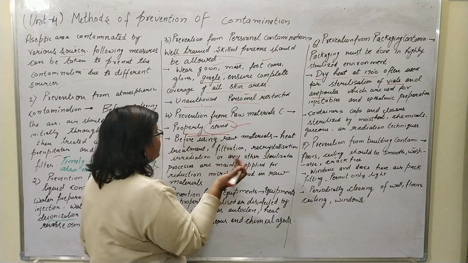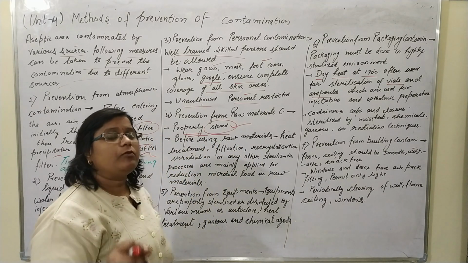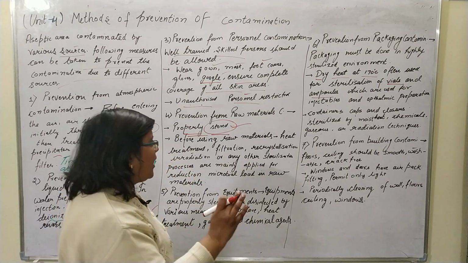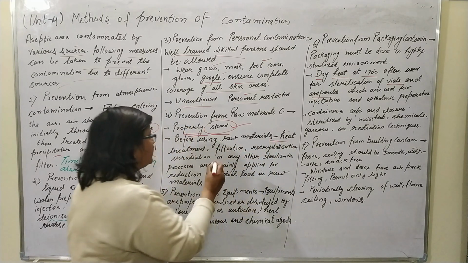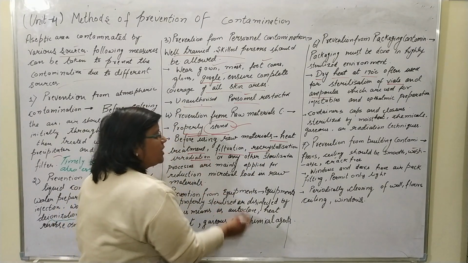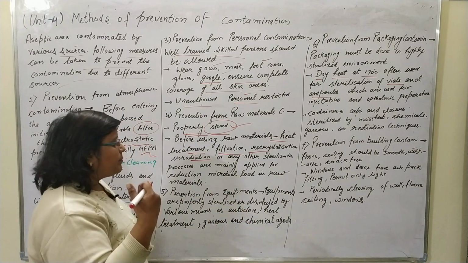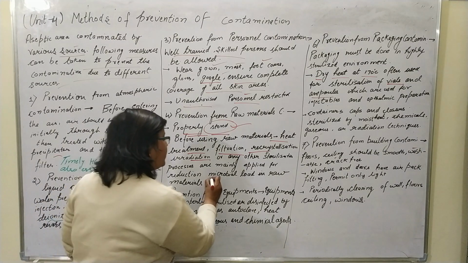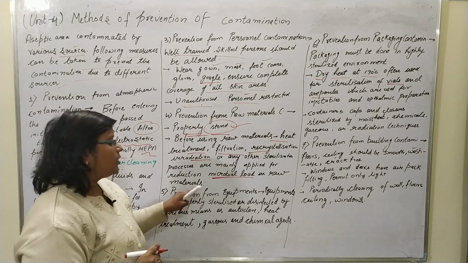Now, when we are using the raw material, we should not just take it as such. Before using the raw material, we have to perform heat treatment, filtration, recrystallization and irradiation, and any other sterilization suitable for the raw material, before using it for the main production, to reduce the microbial load in the raw material.